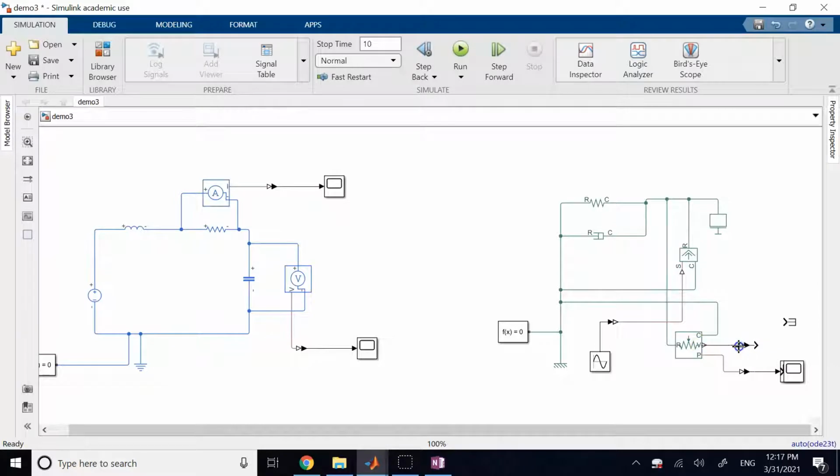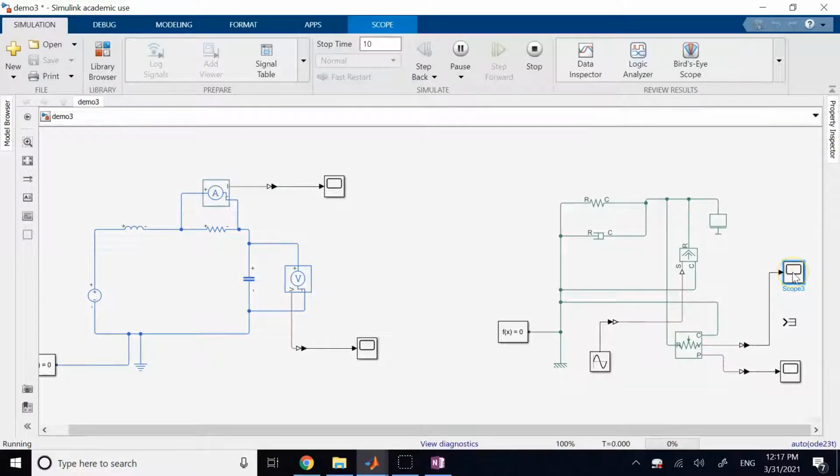Okay, so I convert my physical signal to Simulink signal, and now since I don't need this Simulink signal, I don't want to see it on oscilloscope, I connect it to what? A terminator, okay? Or if I want it, then what? I would connect it to the scope block, and so now I can see the velocity on this guy, right?